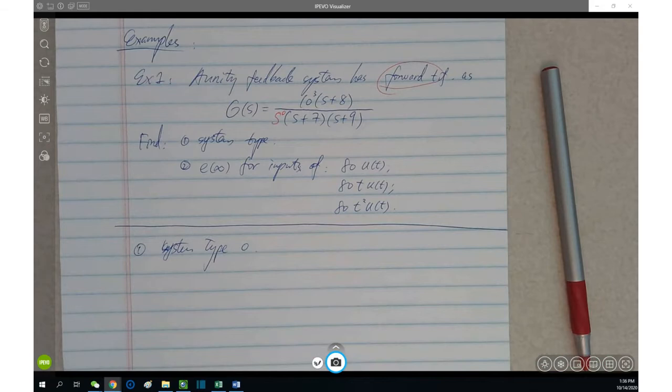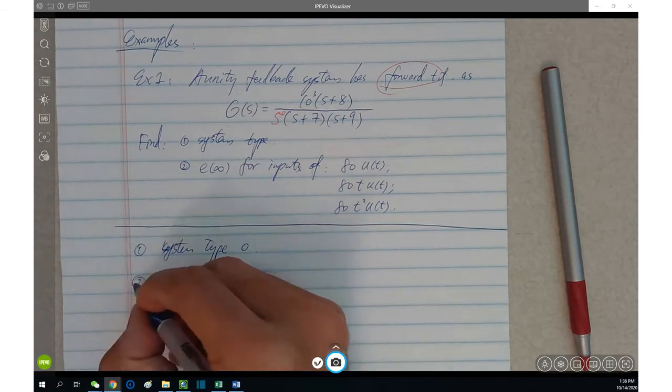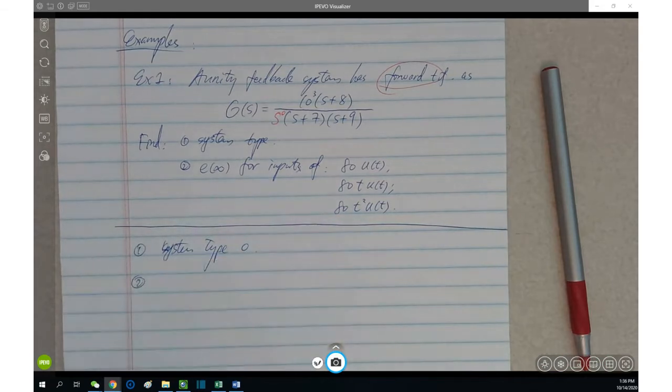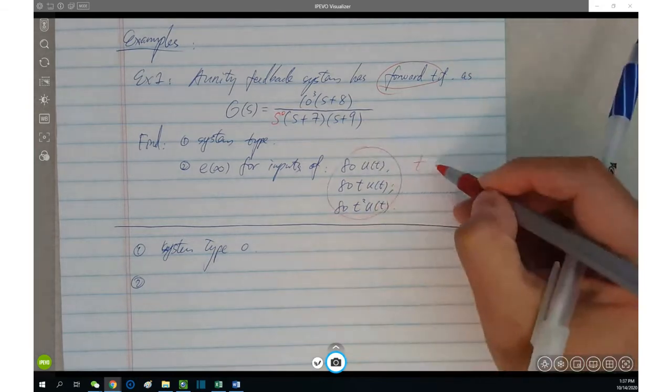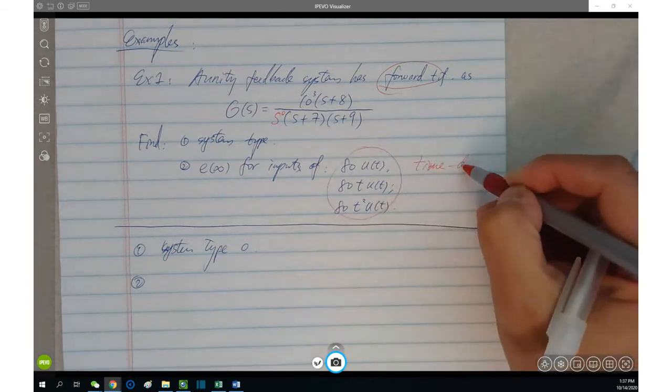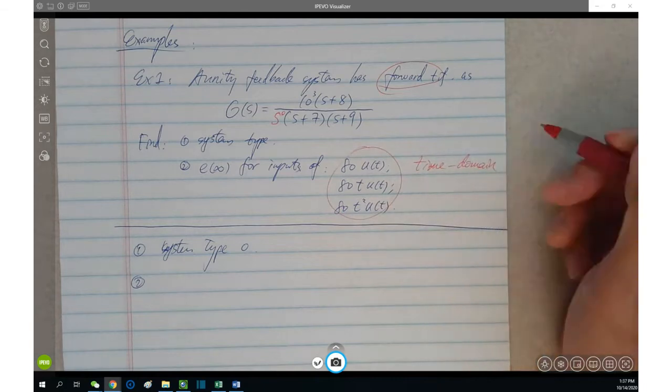Second, start to find the steady state error. But be very careful. We are seeing 3 inputs, and all of them are given in the time domain, not the S domain yet.